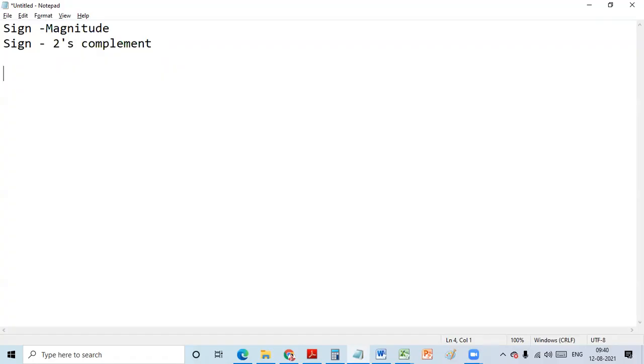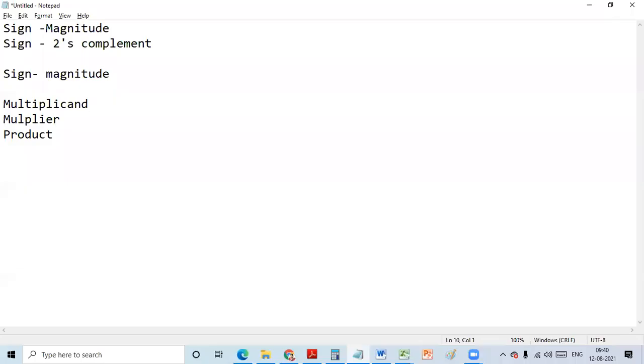So first, let us see sign magnitude representation. Two numbers are represented in sign magnitude form. We call the first number the multiplicand, right? And the second number the multiplier. And the result of multiplication is said to be the product, right?